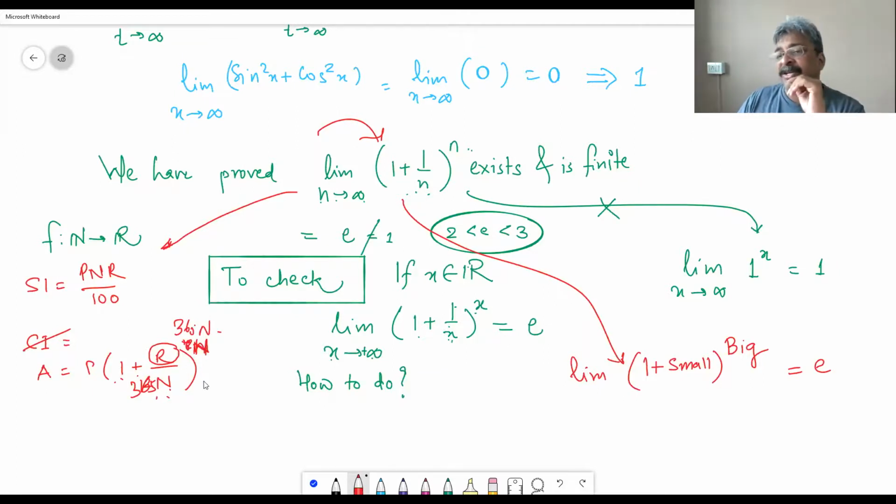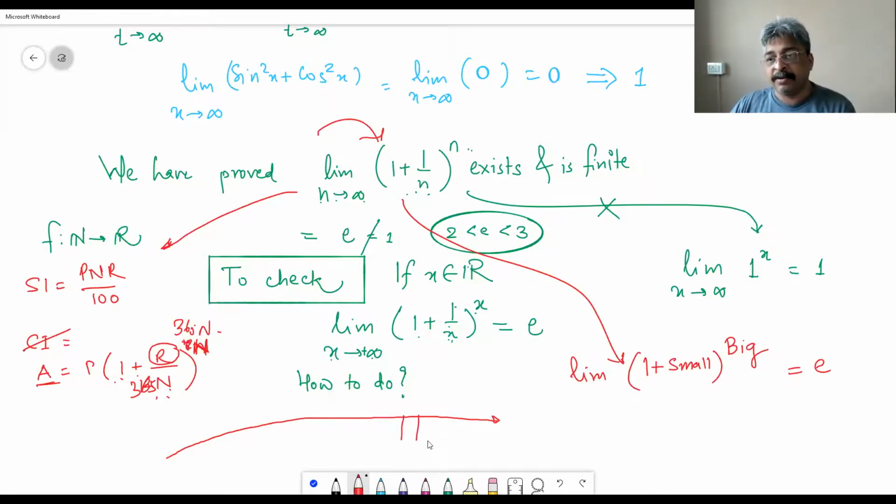And therefore, if you apply compound interest, the amount increases, and then it becomes stable. It doesn't matter if you compound after every day or every moment or every minute.